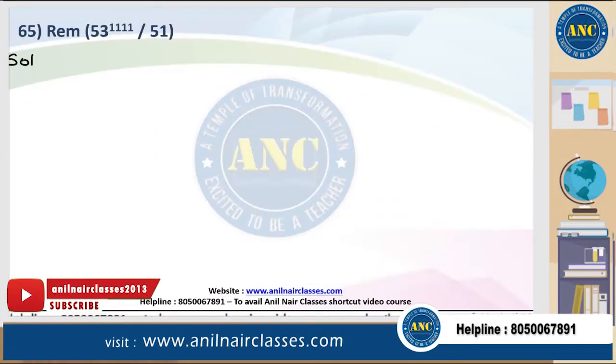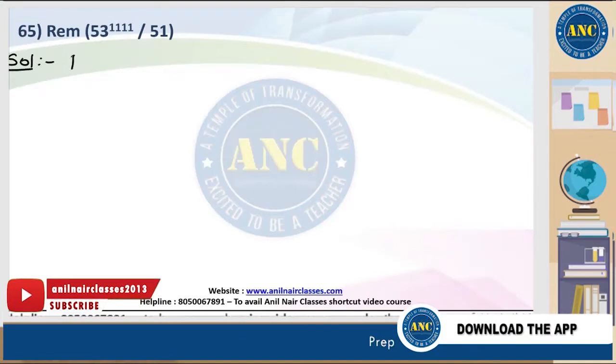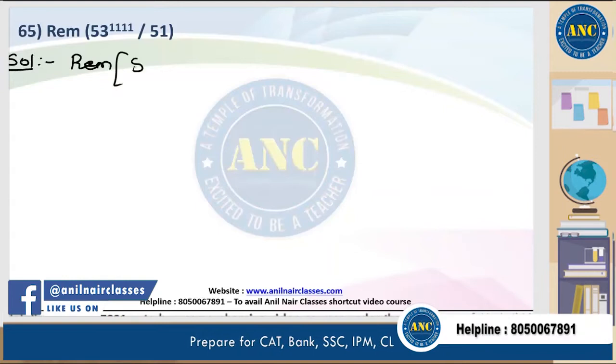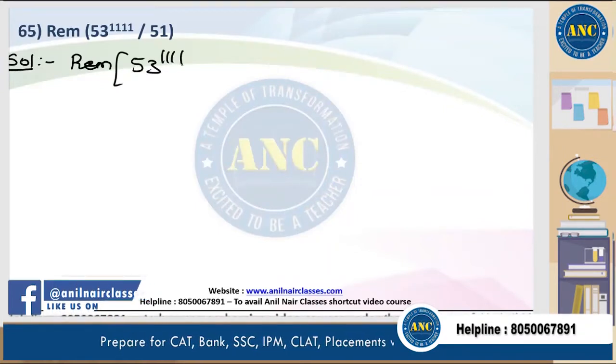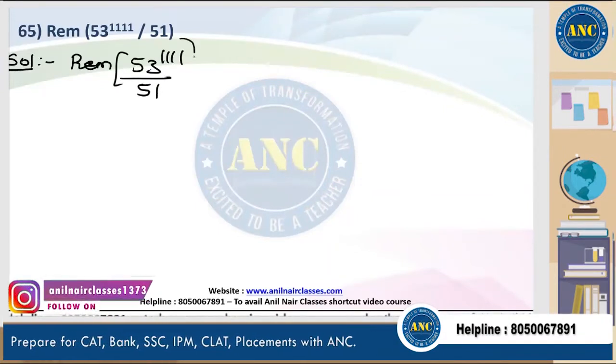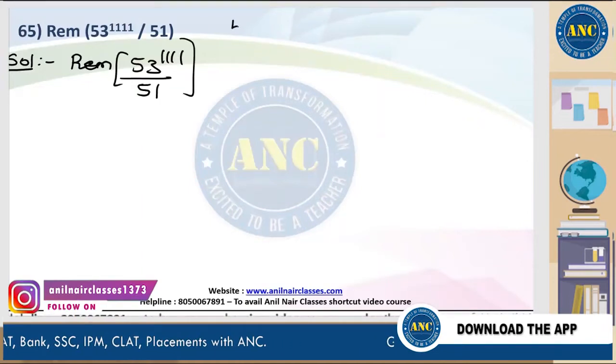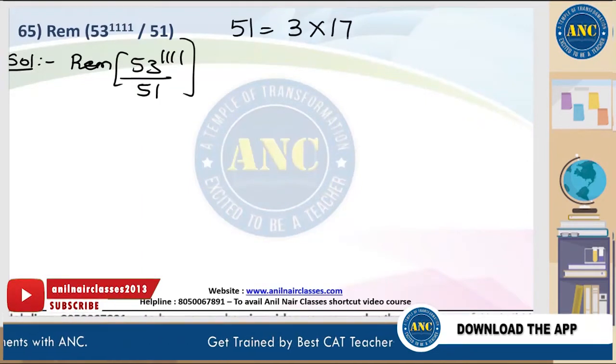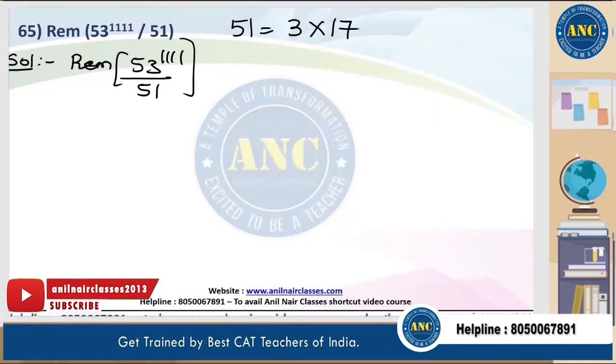Now listen carefully. Multiple problems which we will solve. Remainder: 53 power 11111 divided by 51. 51 is a composite number. Write it as a product of co-primes, 3 and 17.